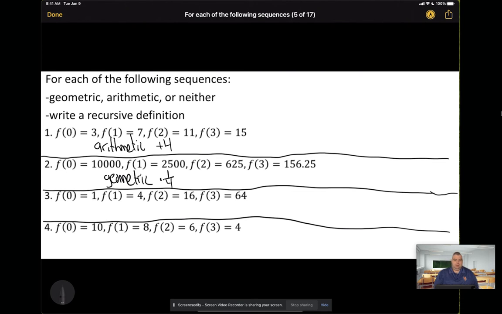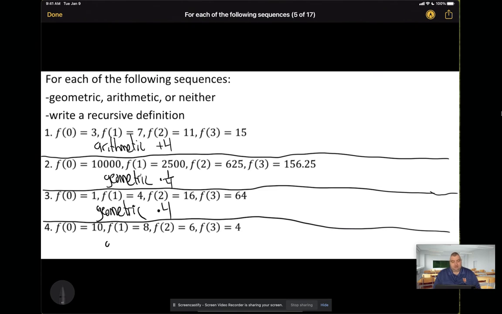Number 3, we go from 1 to 4 to 16 to 64. That looks like quadrupling to me, multiplying by 4. So this is clearly going to be another geometric sequence because my pattern is to multiply by 4 each time. And number 4, let's see here, 10, 8, 6, 4.